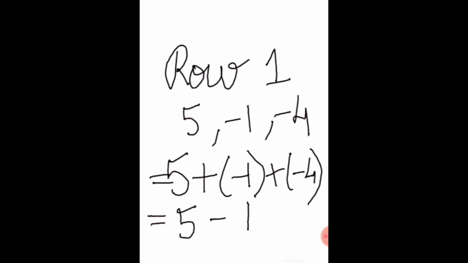Alternative signs means plus into minus, that is minus 4. That is equal to, so here first you can write that 5 as such. Here minus 1 minus 4. So same sign means we have to add and put the same sign before that sum. So minus 1 minus 4, that is equal to minus 5. Next you have to subtract these 2 numbers. 5 minus 5, that is equal to 0. So now we found the sum for row 1. In the same way we have to find for row 2, row 3 and 3 columns and 2 diagonals.